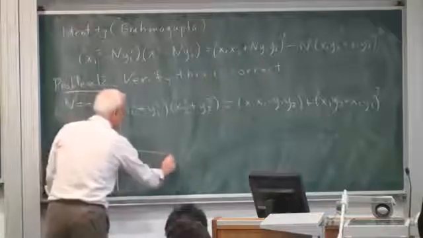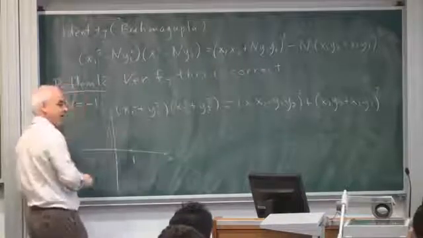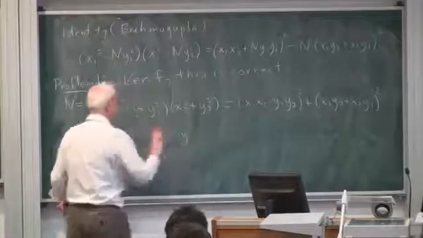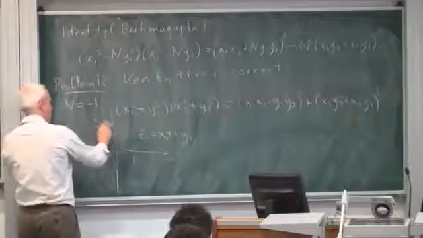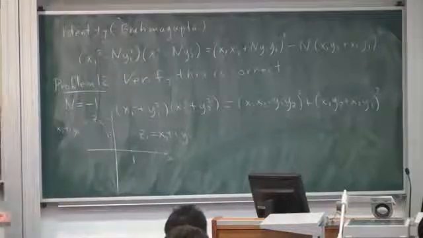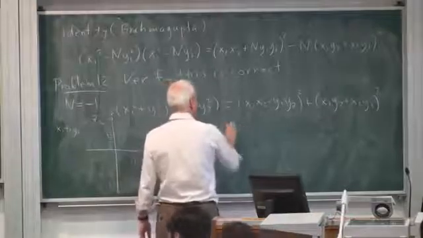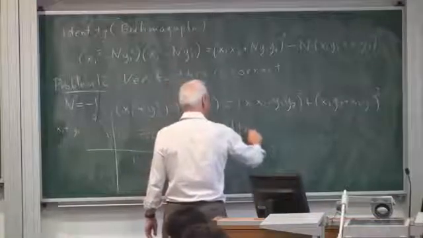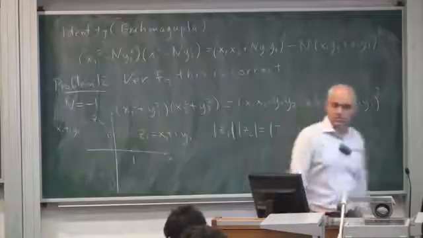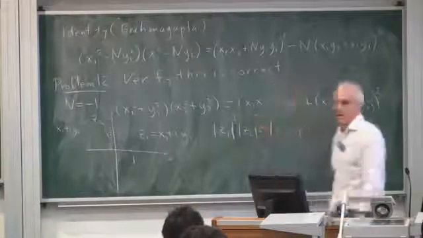That if you're working in the complex plane and you have one complex number z1, which is x1 plus i y1, and another complex number z2, which is x2 plus i y2, then it's usually stated in this way, that the modulus of z1 times the modulus of z2 equals the modulus of z1 z2. But this form here is actually about the squares, which is the more natural form.